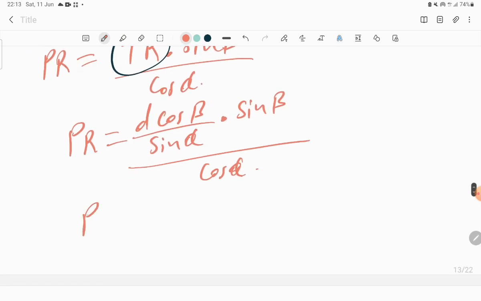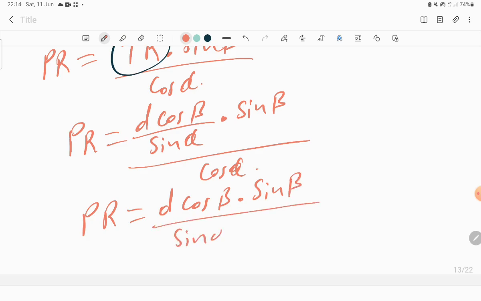Yes, so it needs your algebra now to remember that this cos alpha is just going to be dividing there, because we are going to multiply by just 1 over cos alpha, so it's going to go straight to the denominator. Which means we are going to have d cos beta times sine beta divided by sine alpha times cos alpha.